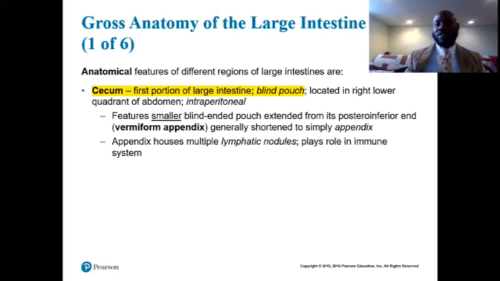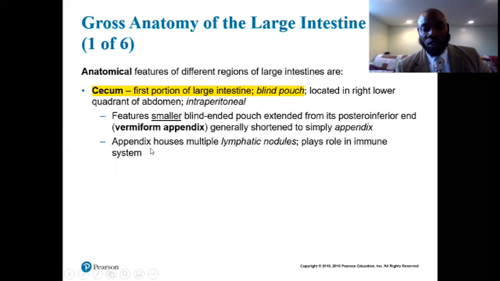Right lower quadrant, can't really see this on the picture. Right lower quadrant. It features a smaller blind-ended pouch extended from its posterior inferior end, generally shortened to simply appendix. The appendix houses multiple lymphatic nodules, plays a role in the immune system.